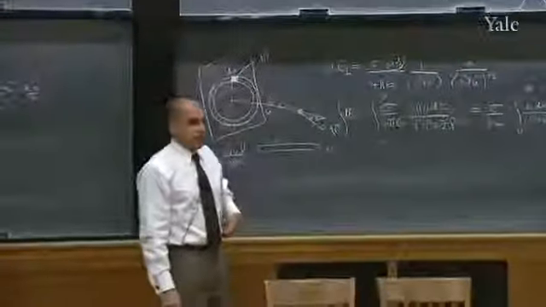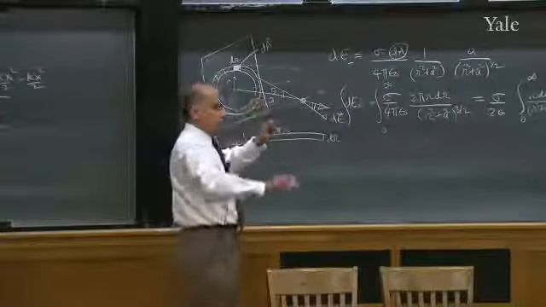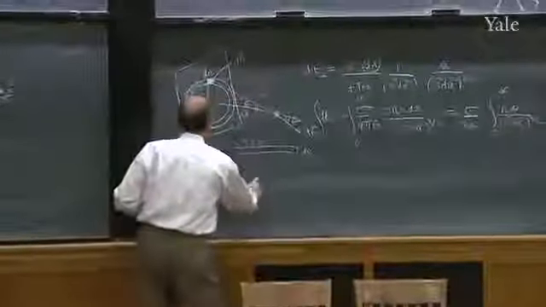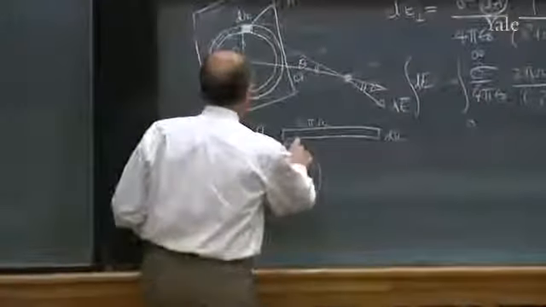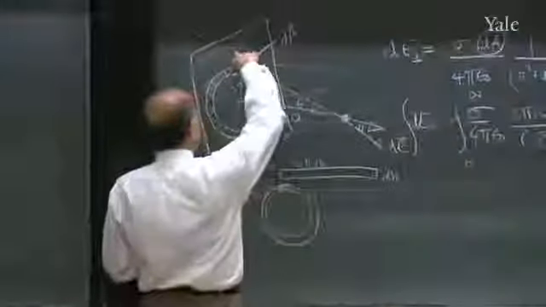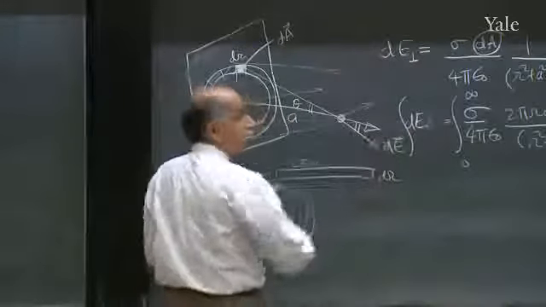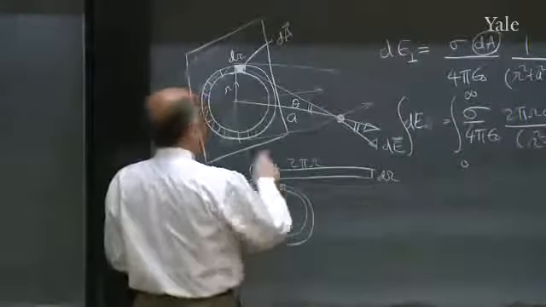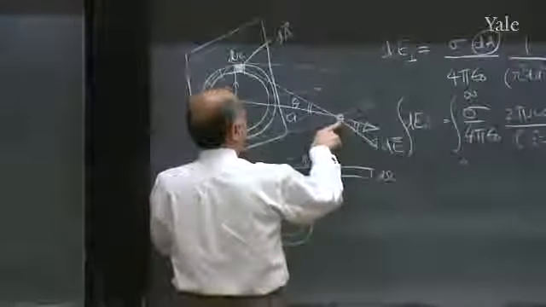So do you understand what I did? I broke the plane into concentric rings, and I took one ring. I'm looking head on at that ring. I took a portion of that ring and saw what field it produces. Even though the field due to that is at an angle, the only part that's going to remain is the part perpendicular to the plane, because the counterpart of this one on the other side will produce a similar field with the opposite angle here.